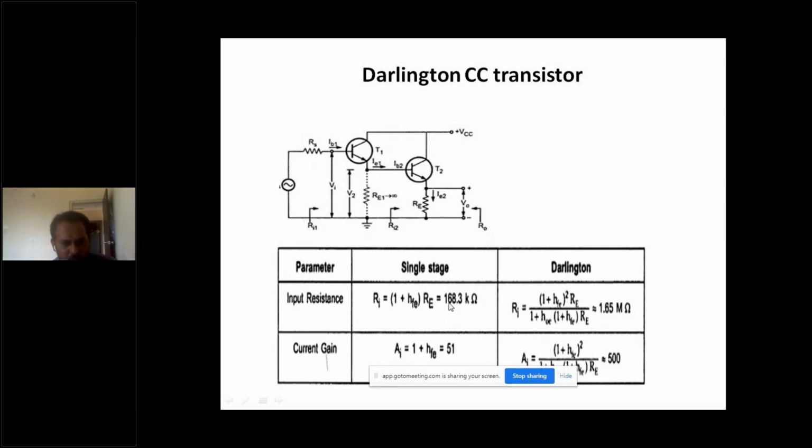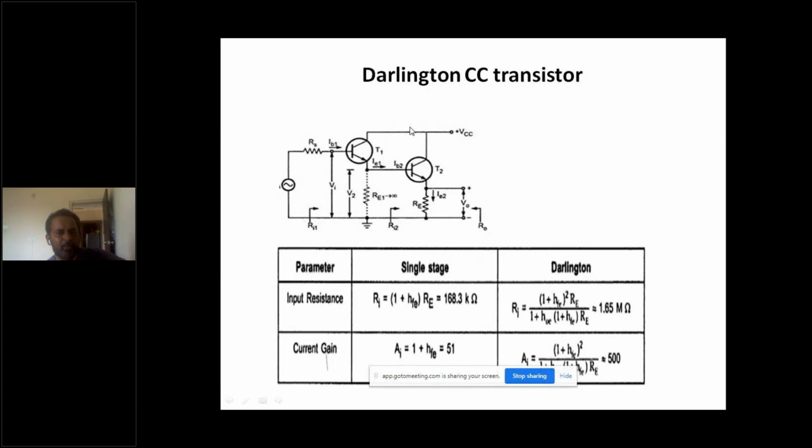For CC also there is the same problem. Because of this biasing network, input resistance will be reduced drastically. My purpose is not fulfilled. Without a biasing network, you can't build a proper amplifier. It cannot be put into the active region. A biasing network is necessary.